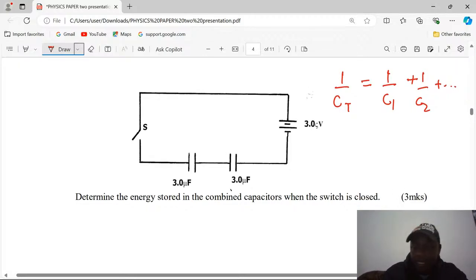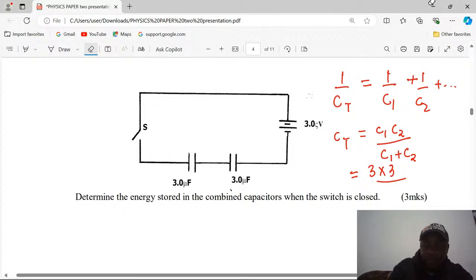In our case, let us talk about two capacitors only, whereby the total capacitance for two capacitors in series can be given by the product of the capacitors divided by the sum of the capacitors. So what do we need in this case? We need 3 times 3 divided by 3 plus 3, which is 6.